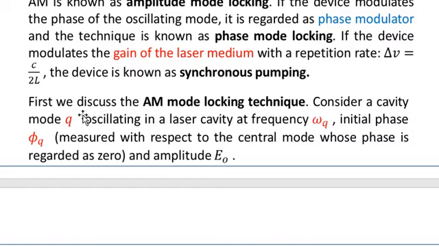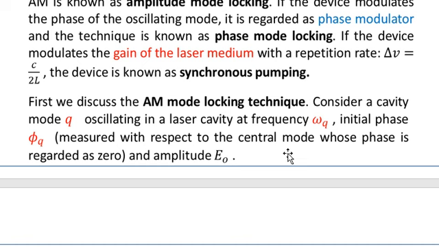And you know that if we are considering a mode q, then this phase phi q is the phase of the qth mode which has been measured with respect to the central mode, because here we are regarding the central mode as the mode with zero phase.